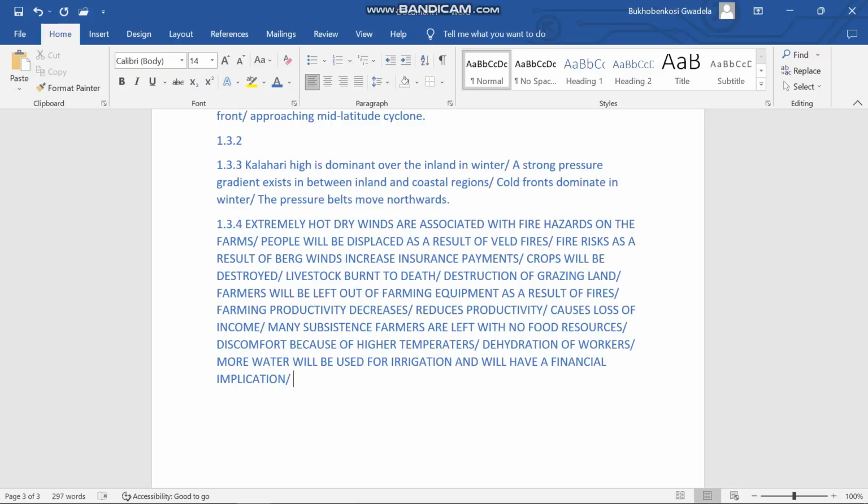Vegetation will be dried out by these winds. As these berg winds pass through, they will dry out the vegetation. It is also going to reduce the quality of soil.